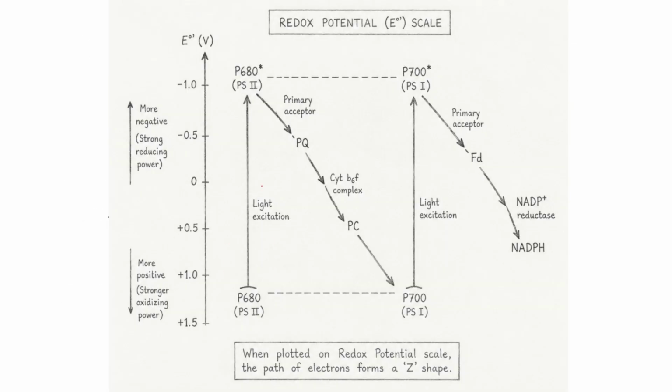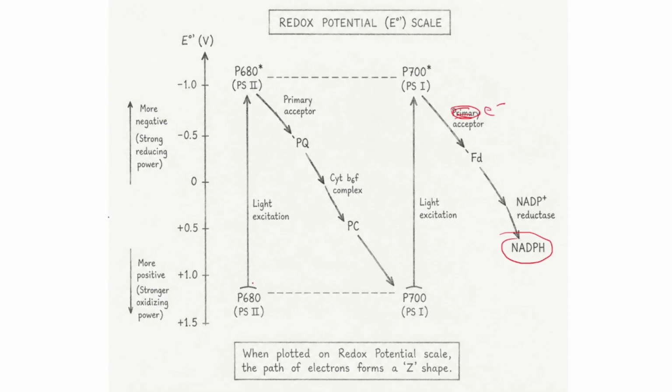As we have already seen how this process takes place, that is non-cyclic photophosphorylation or the Z scheme of electron transport, it started from PS2 and goes to primary electron acceptor, then to electron carriers, then electron goes to photosystem I. After excitation it again goes to electron acceptor ferredoxin, and then finally goes to electron acceptor NADP plus and gets reduced to NADPH.